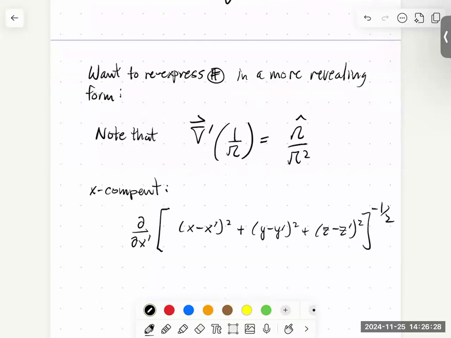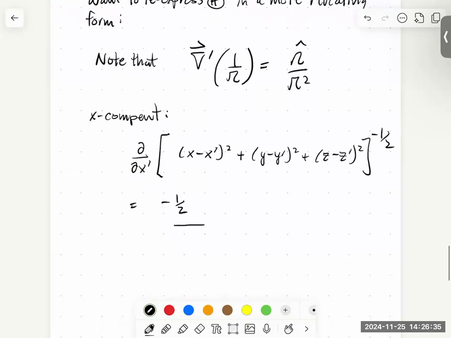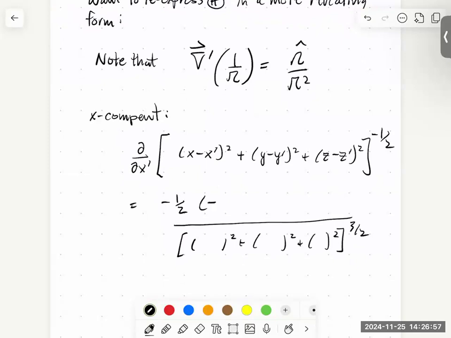All right, so when we evaluate that derivative, we're going to get a minus 1/2 of all the stuff that was in the square bracket to the 3/2 in the denominator. So I won't write it all out. And then we have to take the x prime derivative here. We're going to get a minus 2x prime.